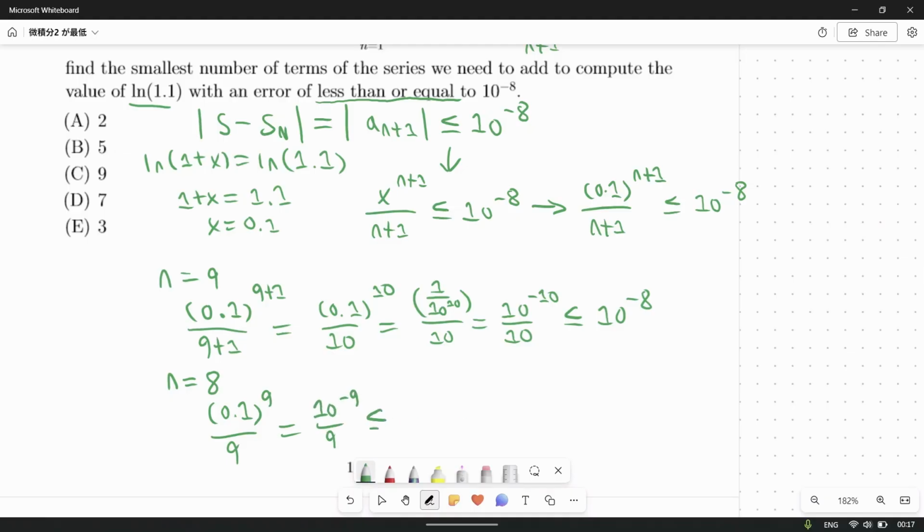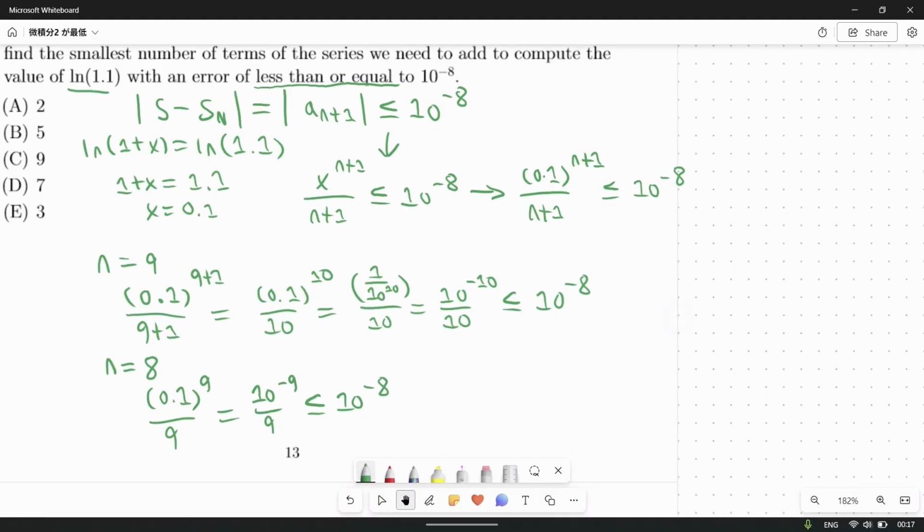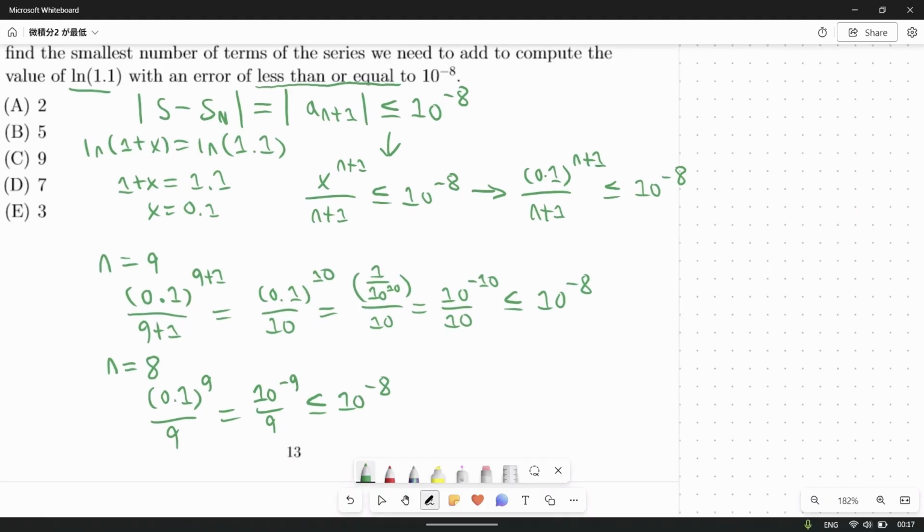This is also going to be less than 10 to the negative 8, because 10 to the negative 9 is always going to be less than 10 to the negative 8. And so n equals 8 also satisfies the conditions of this question. So 8 terms would be enough to have an accurate enough approximation, but I do think we can go even lower. Not to mention 8 isn't even an answer choice.